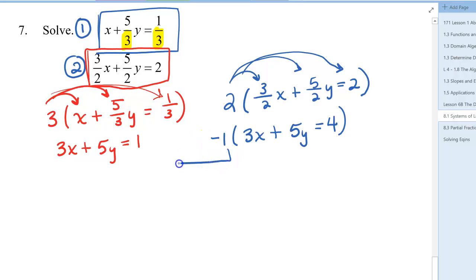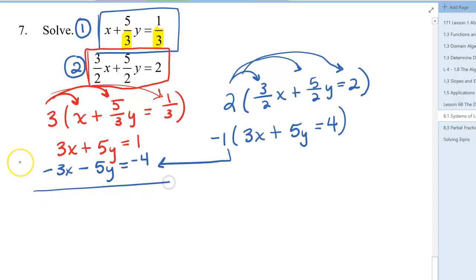So if I bring that over here, that's going to give me -3x, -1 times 5y gives me -5y, and -1 times 4 will set it equal to -4.